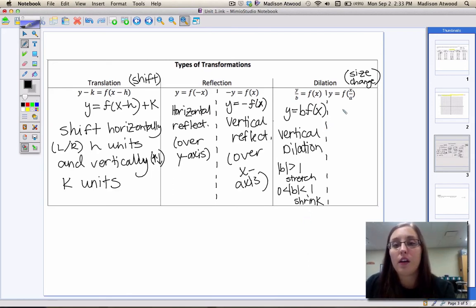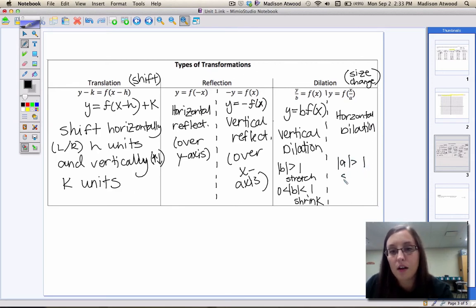And then over here, we've got y equals f of x divided by a. No real way to kind of simplify that. That would be a horizontal dilation. And same thing, absolute value of a greater than 1 is a stretch.